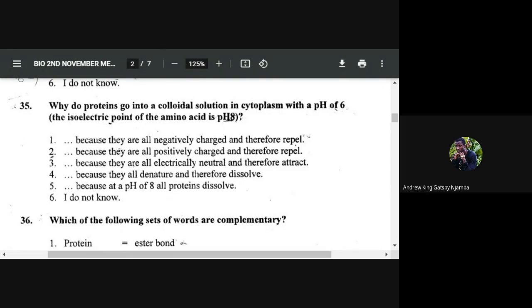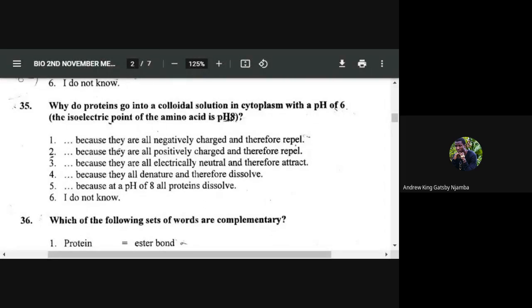Yeah, so just like I was saying, the main point there was just to realize what happens when amino acids are in a pH of less than 6. So this point was to tell you that the isoelectric point of the amino acid is pH 8. And just like Dr. Zemba said, amino acids in pH of 8 are electrically neutral because we're talking about the transition of 7 to 7 is dipolar.